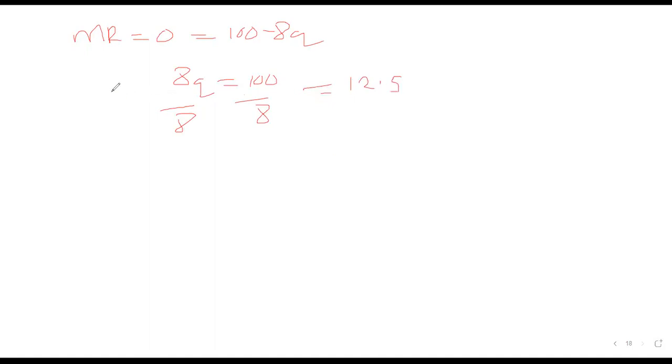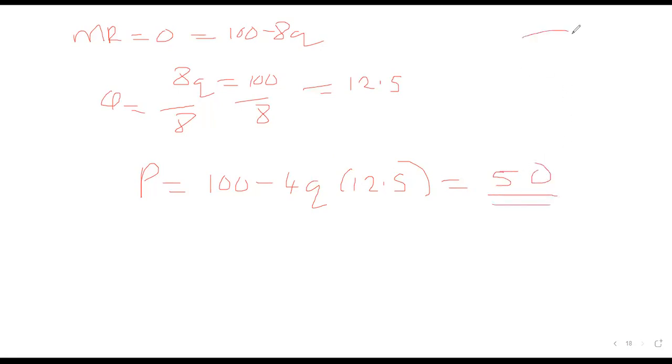So this is your quantity that maximizes revenue. Your price we know was 100 minus 4Q. Where there's Q, you put 12.5. When you subtract it from 100, we get 50. This is what we call revenue analysis.